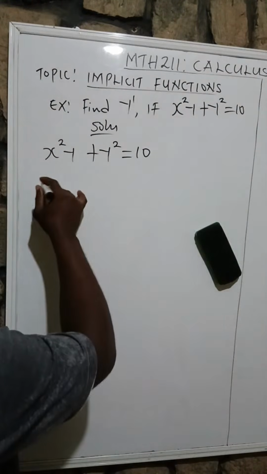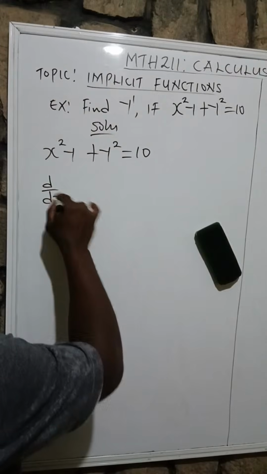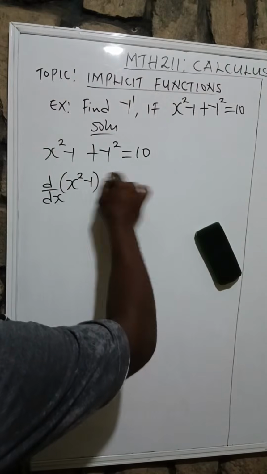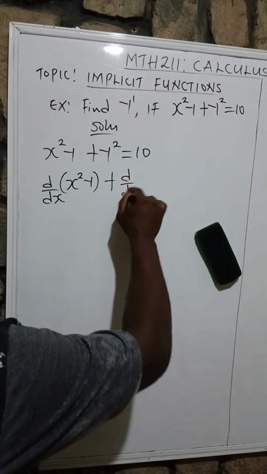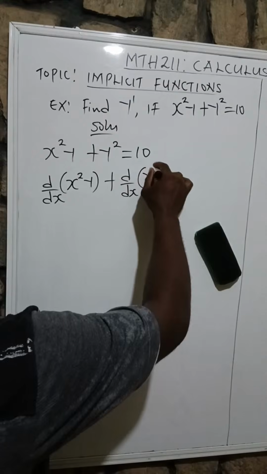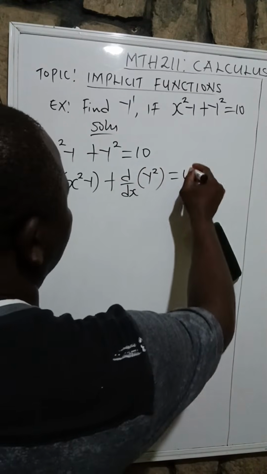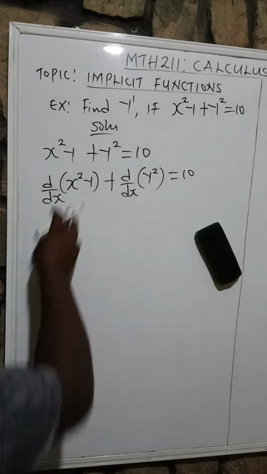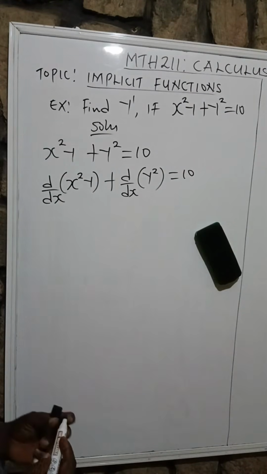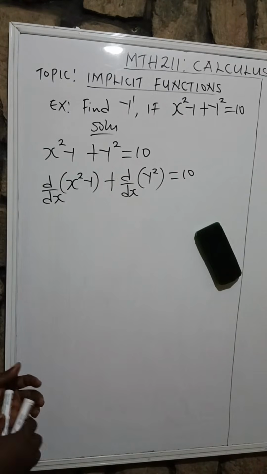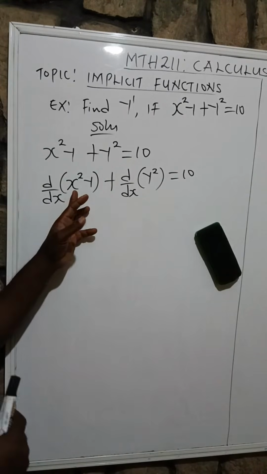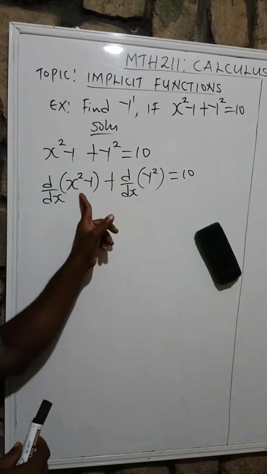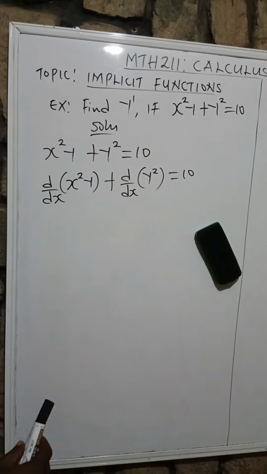We now write d over dx of x squared y plus d over dx of y squared equals 10. Here we have two functions, so we use the product rule.